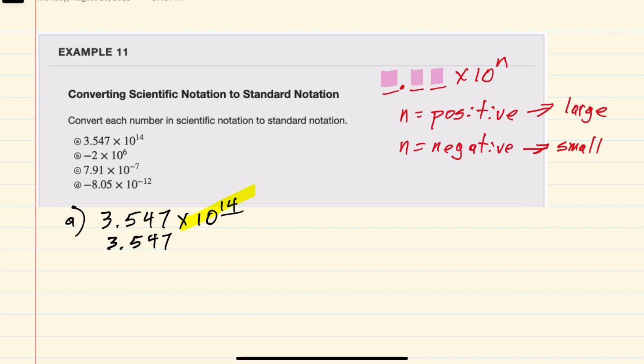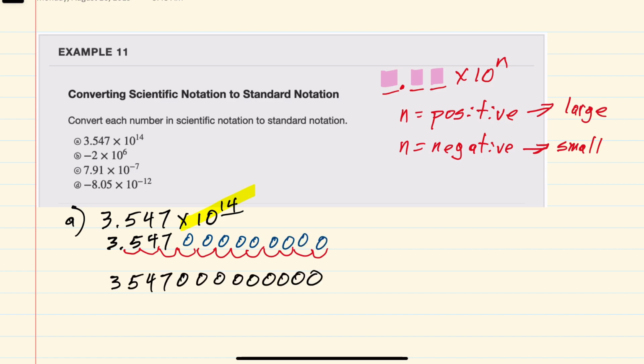I know I'm going to move the decimal, and I know I need to move it 14 times to make this a large number. I would need to move to the right 14 times. Filling in all of these gaps with zeros, I can put in the commas to help organize the number, and this would be standard form.